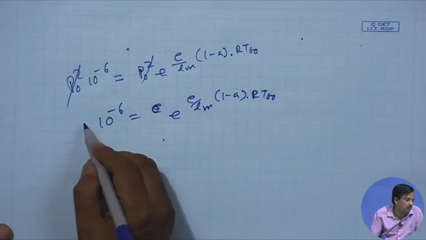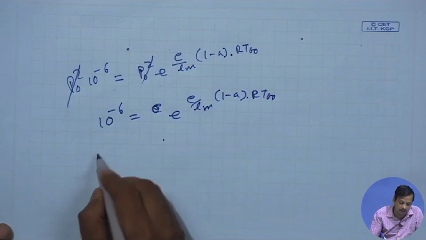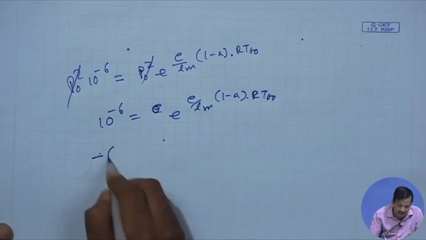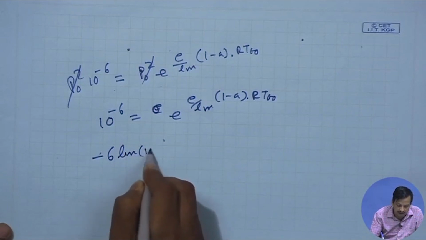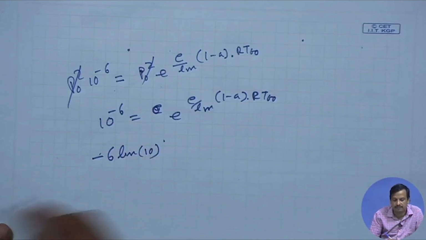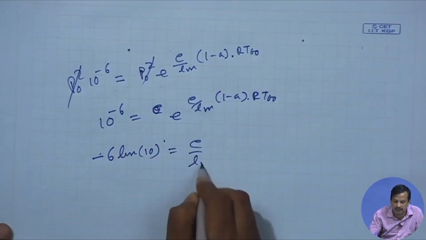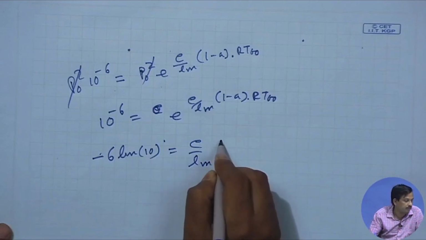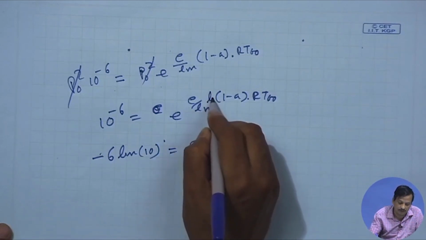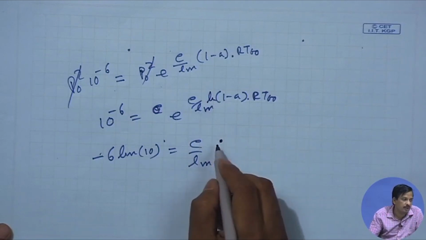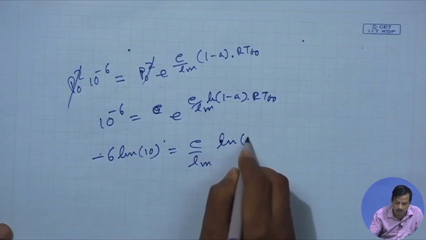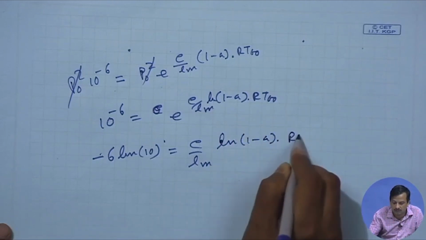Okay. Now, I take the ln on both sides. So, it is minus 6 ln 10 is equal to c by lm into ln of 1 minus a into RT60.